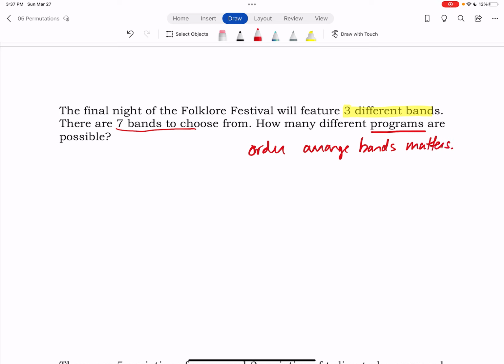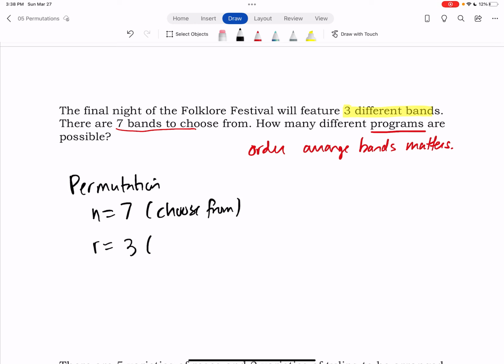So this is going to be a permutation. And our n is going to be 7, because that's how many we have to choose from. And r is going to be 3, because that's how many we want to select. So we're going to do P of 7, comma 3. Now, you could have done this before just using the multiplication principle.